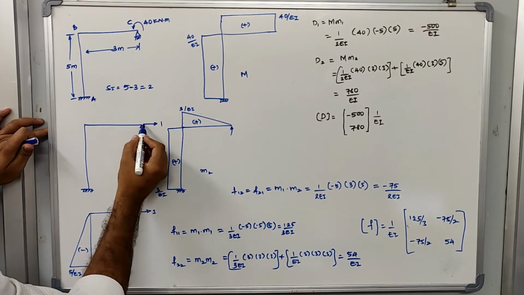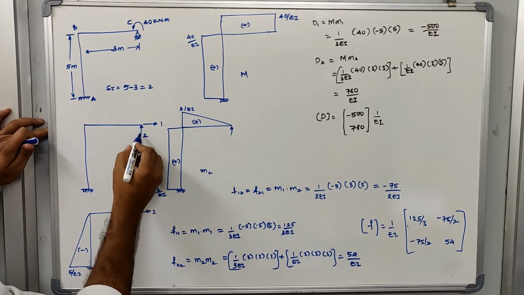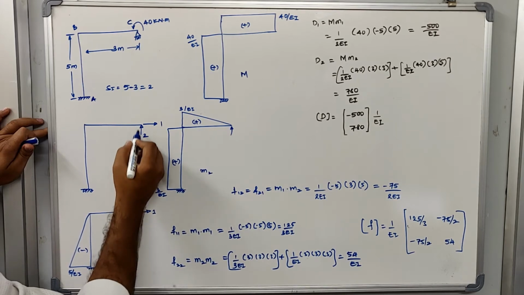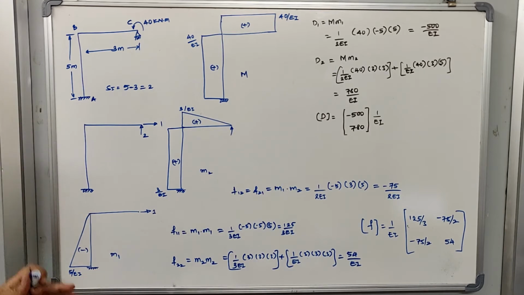I have applied the first coordinate as the horizontal force acting in the positive X direction. Then the second coordinate is acting in the positive Y direction. So these are the 2 coordinates I have applied. This is quite similar to what I had done in the previous problems also. There I used to remove the moments, apply unit moments, and before that give you a coordinate system.